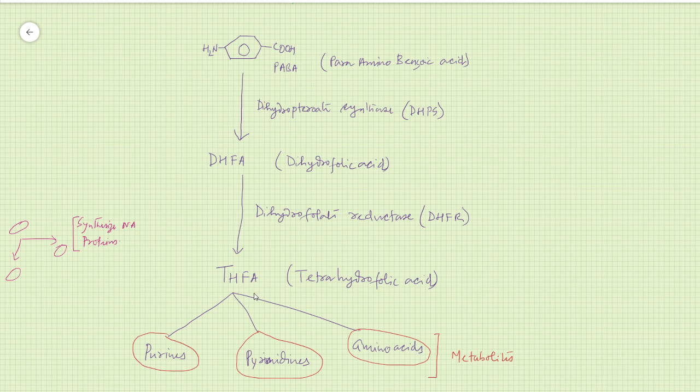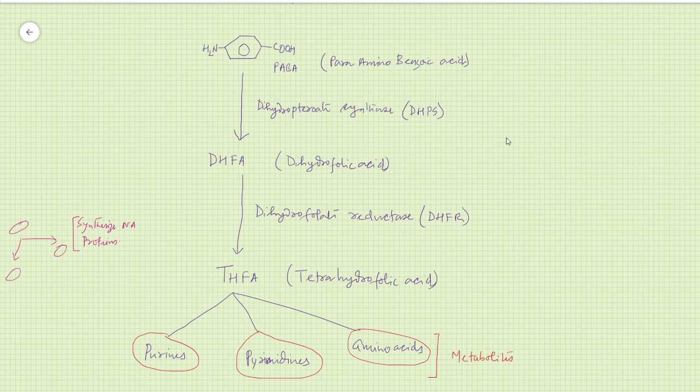We don't want it to kill our own cells. So that's the concept of selective toxicity. It should be selective to bacteria, but it should spare the human cell. So let's see how it is spared in the human cell. For that, we need to understand the folic acid pathway in humans.